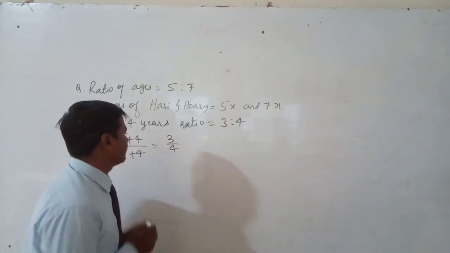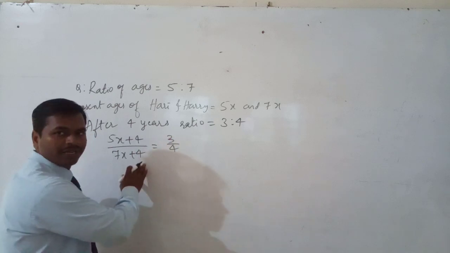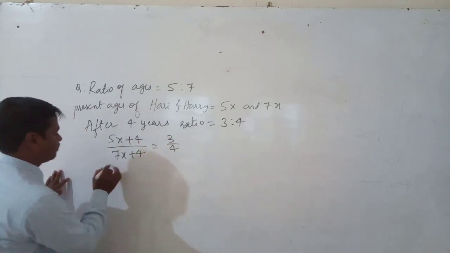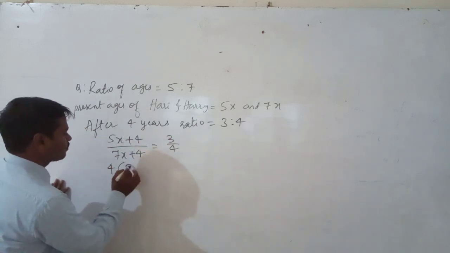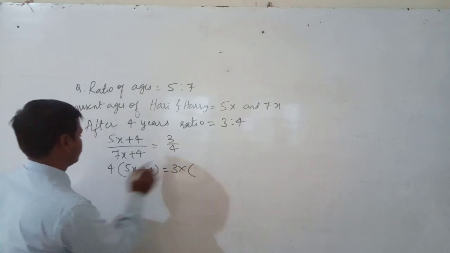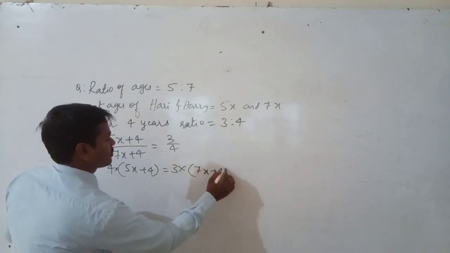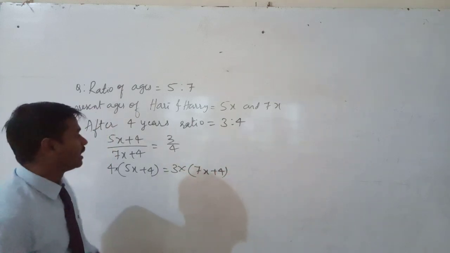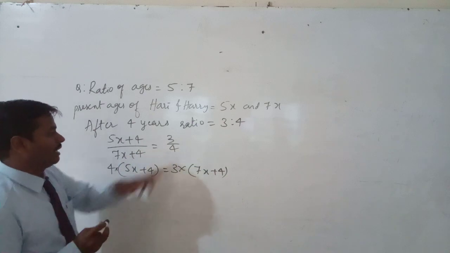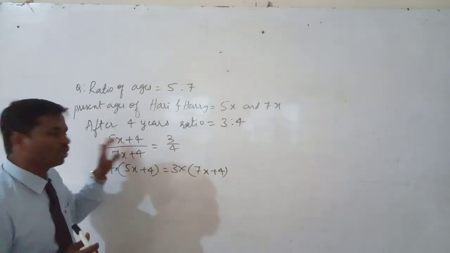What will you get here? Denominator into numerator, numerator into denominator. 4 into (5x plus 4) equal to 3 into (7x plus 4). This numerator into this denominator, this denominator into numerator.